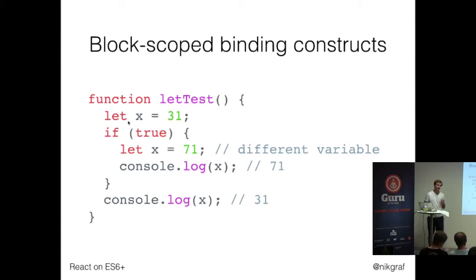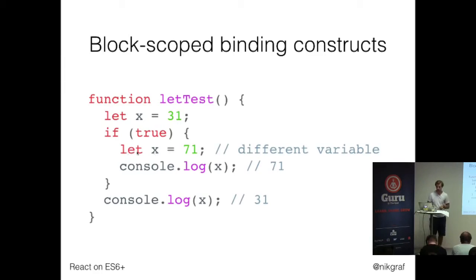This is really block scoped. So if you do let x here and you assign 31, and then you have another block inside there and you assign 71, it's a different variable. If it's var, it's the same variable. If it's let, it's block scoped, and it's a different one.